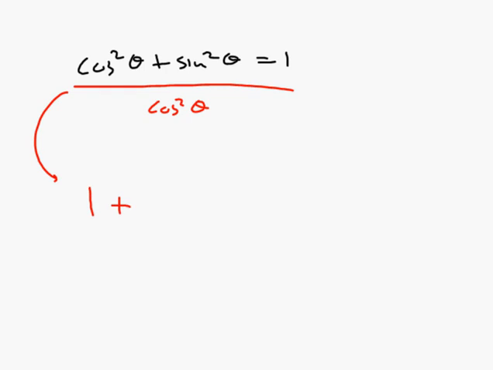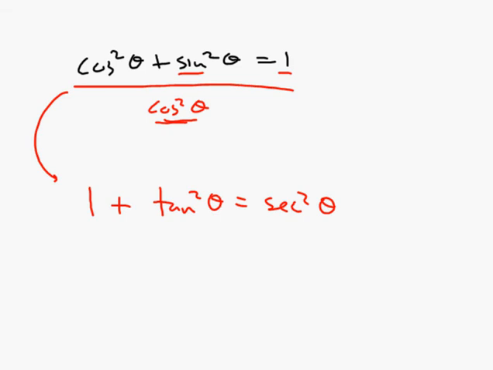Then you'd have sine squared over cosine squared. But sine over cosine, that's familiar. That's tangent, so that's really plus tangent squared theta equals. And then 1 over cosine theta is secant squared theta. So that's another Pythagorean identity. It literally is just the original Pythagorean identity. You divided everything by cosine squared to make it look different.